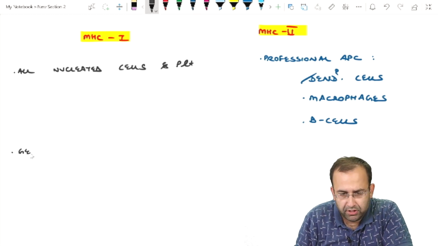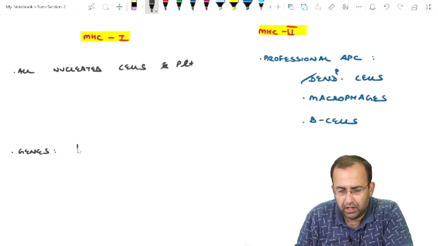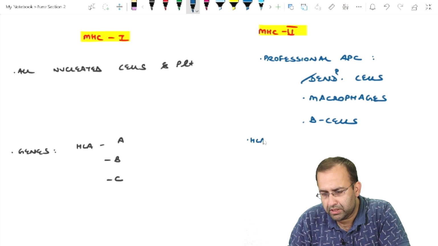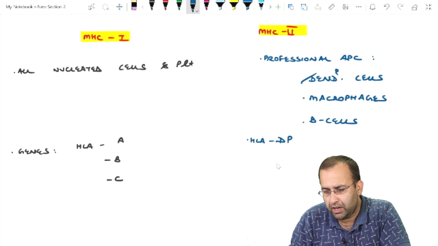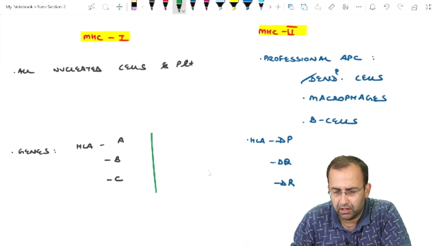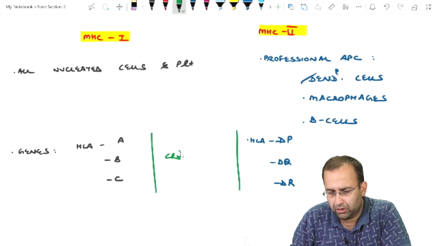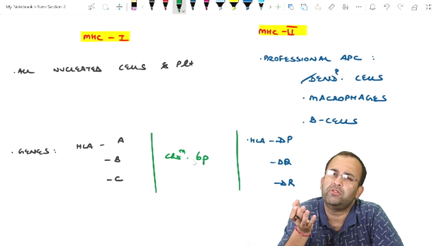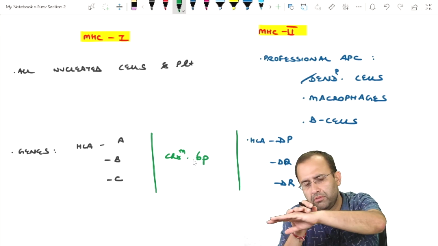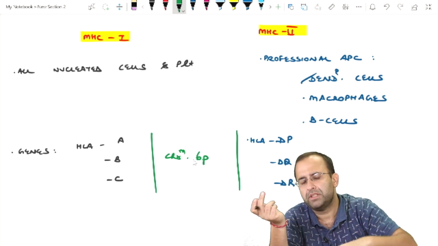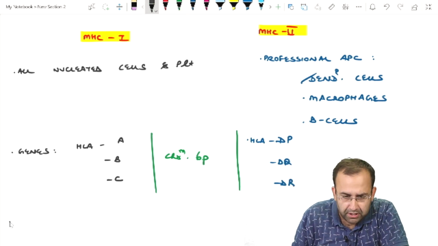MHC1, the genes associated are HLA A, B, C. It is rank 1, single digit genes, versus MHC2, rank 2, double digit genes, associated are HLA DP, DQ, DR. Where are all these genes present? They are present on chromosome 6p, short arm of chromosome 6, P for petite. On short arm of chromosome 6, there are many genes. A, B, C make MHC1, DP, DQ, DR make MHC2.